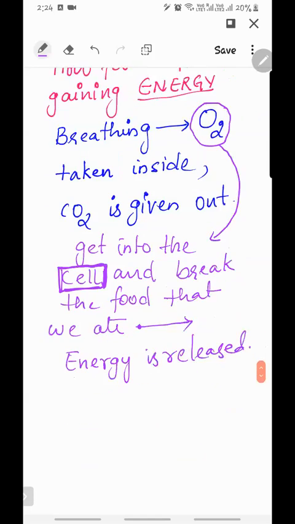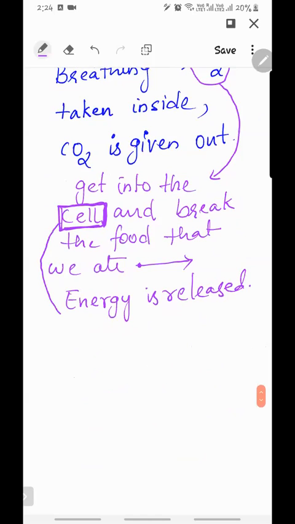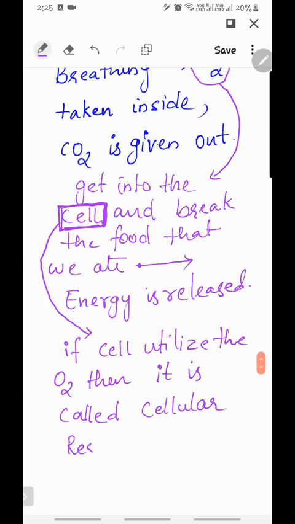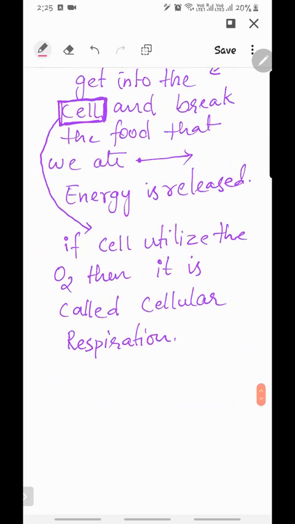If the cell utilizes oxygen, then it is called cellular respiration. So we'll see now what cellular respiration is and how it happens.